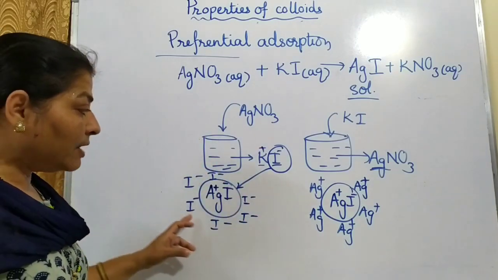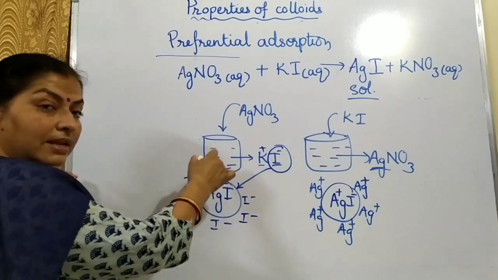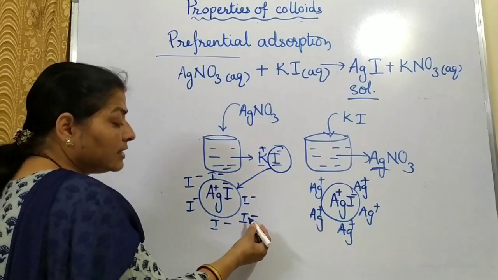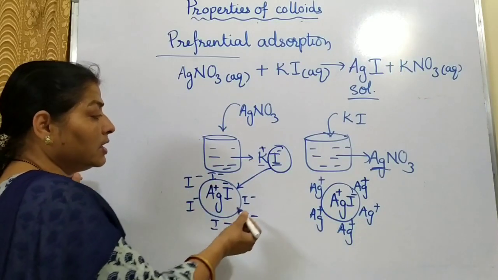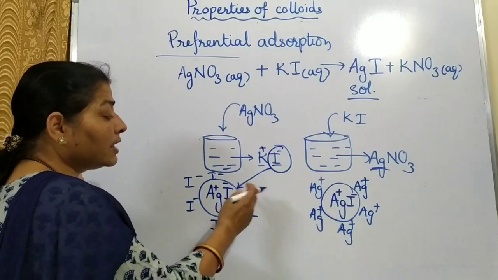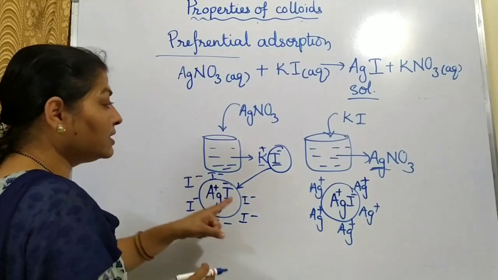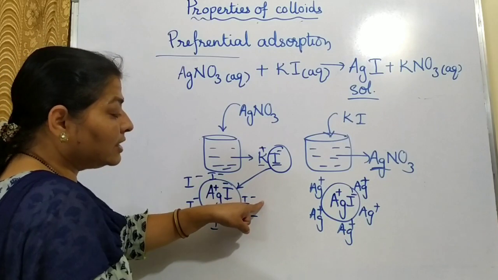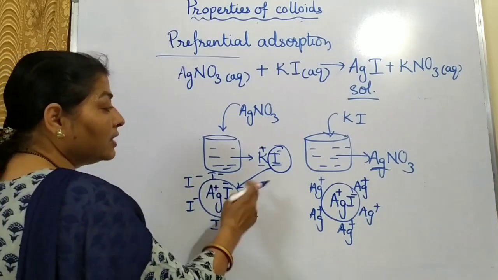Now there will also be a formation of one more layer. This layer will get attached on the surface, but always if a negative charge is there, a positive charge will also be there along with it. So along with this, another counter ion will be surrounding it. Now which is the counter ion? Again Ag can't be there because Ag and I will form the salt. So which is the other positive ion?